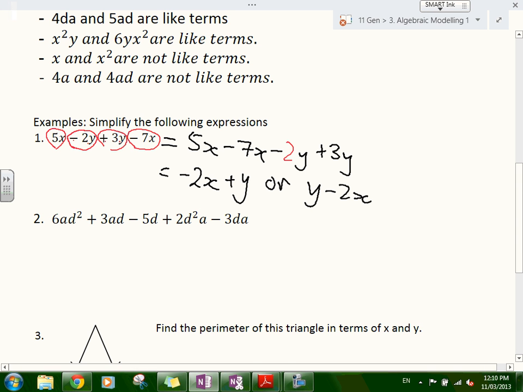What's like with this one? There is. This one is a like term. Alright, 6ad squared is like with 2d squared a, because the d is squared, the a isn't. So they're like terms. And so 6ad squared plus 2d squared a is going to be 8ad squared.